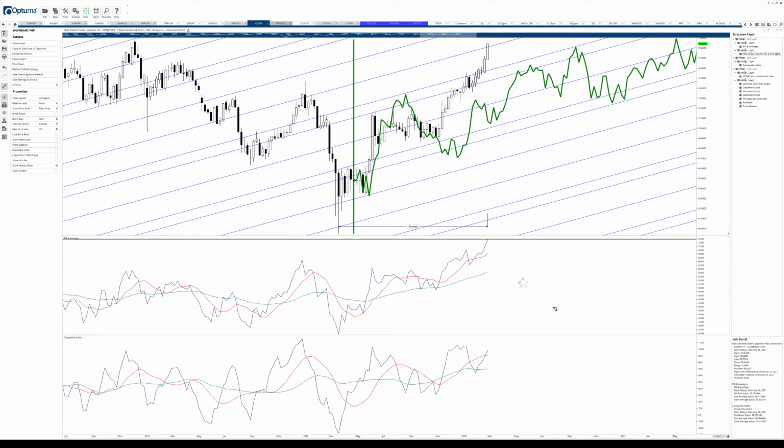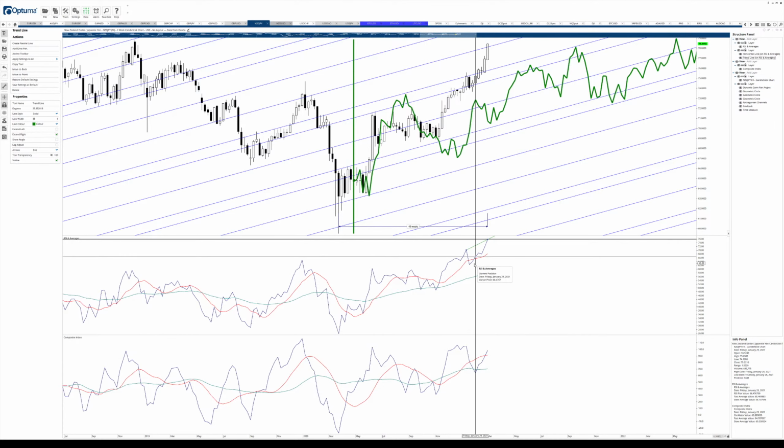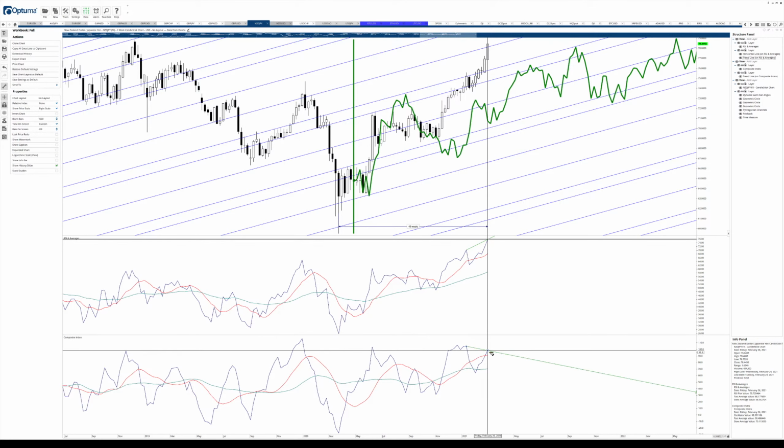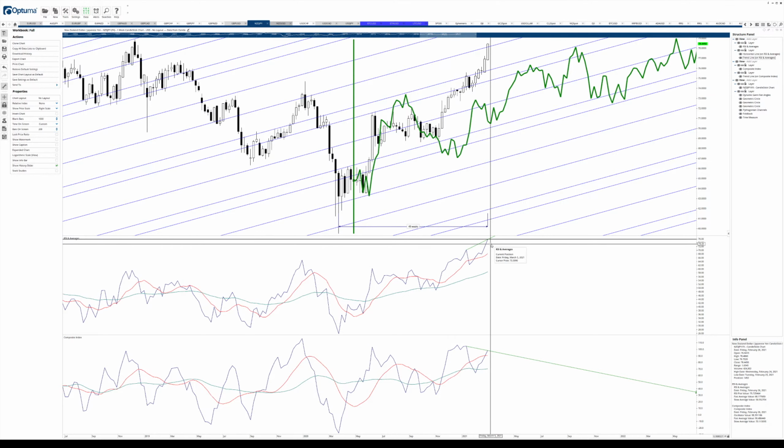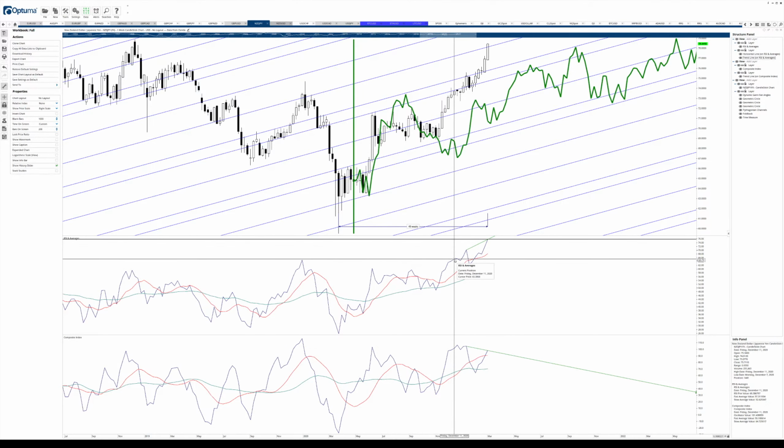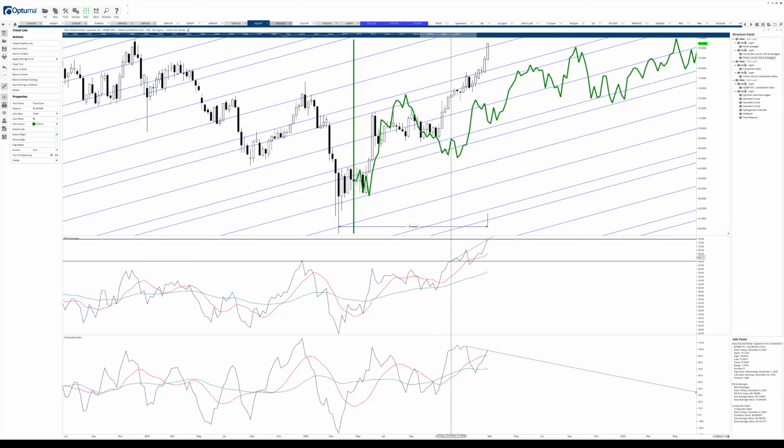But we do have some pretty obvious divergence that exists between the RSI and the composite index, where we have this higher high and a lower low. And actually, we could even go back further with that, going back to here. Oops, right there.